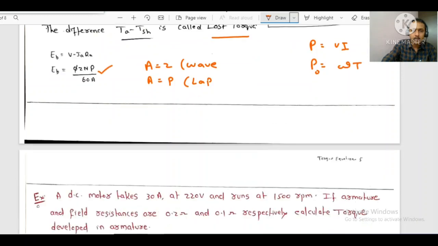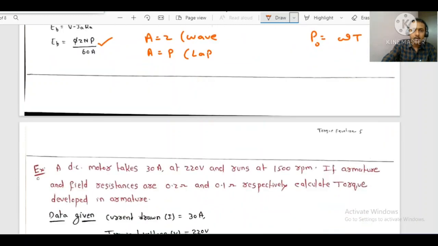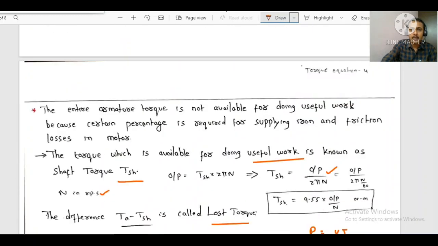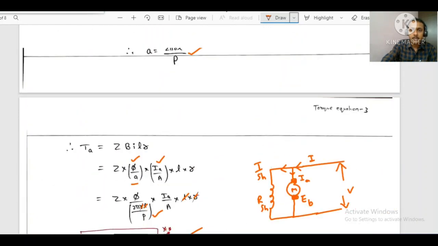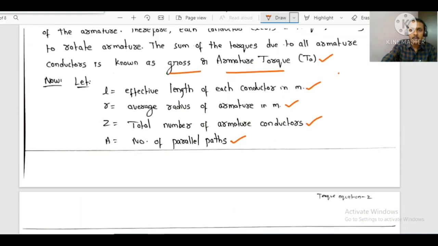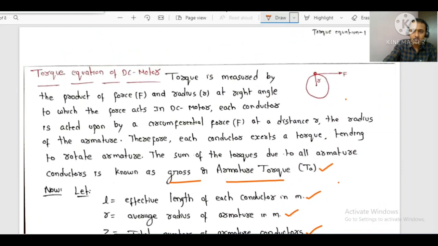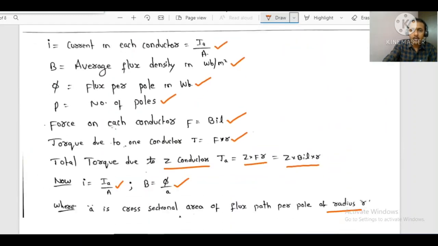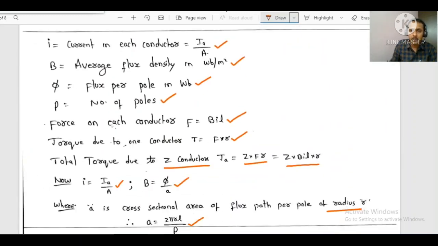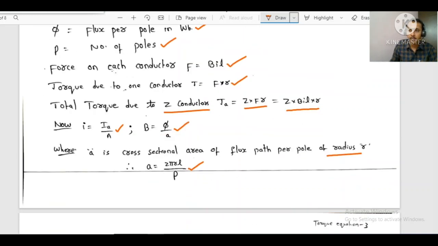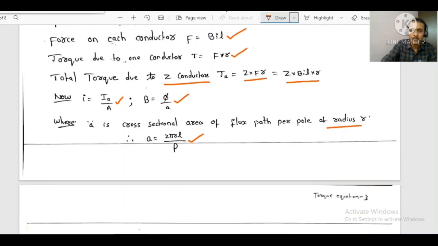Now, dear students, observe, let me summarize this entire discussion. First, the basic is torque equals force into perpendicular distance. Now, the force is BIL, and in place of B, flux per area, and in place of I, armature current divided by number of parallel paths, and the area of cross section per pole is given by 2 pi RL by P. If you substitute these variables in the torque formula, we will get this equation.